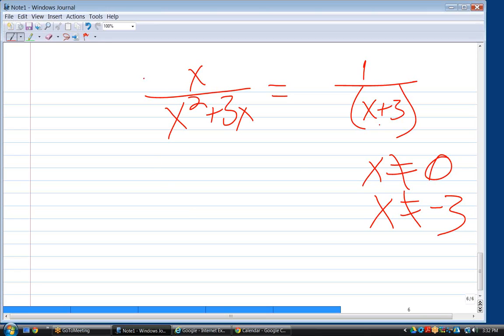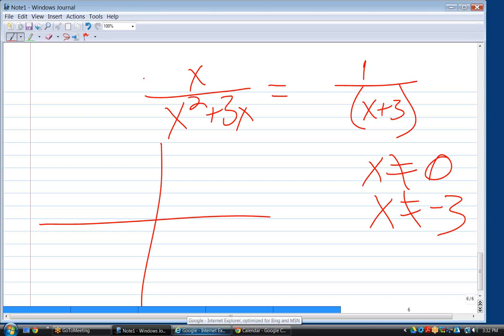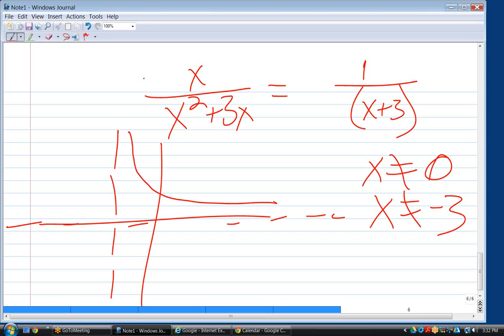That's the hyperbolic function. And my vertical asymptote is at minus 3. My horizontal asymptote is there. The hyperbolic function looks like that.